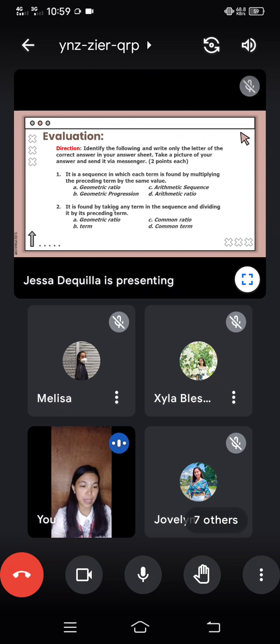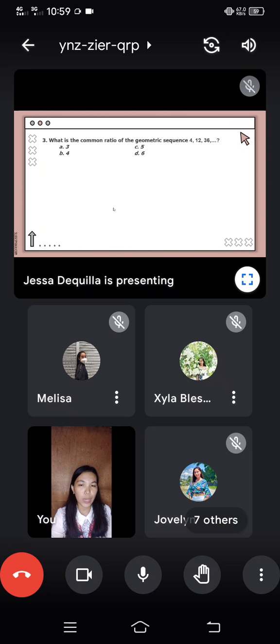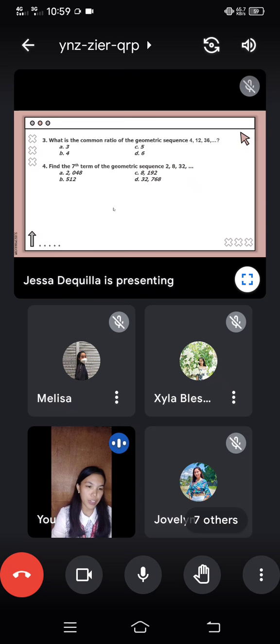Number 2. It is found by taking any term in the sequence and dividing it by its preceding term. A. Geometric ratio. B. Term. C. Common ratio. D. Common term. Number 3. What is the common ratio of the geometric sequence 4, 12, 36, and so on? A. 3, B. 4, C. 5, D. 6. Number 4. Find the seventh term of the geometric sequence 2, 8, 32, and so on.